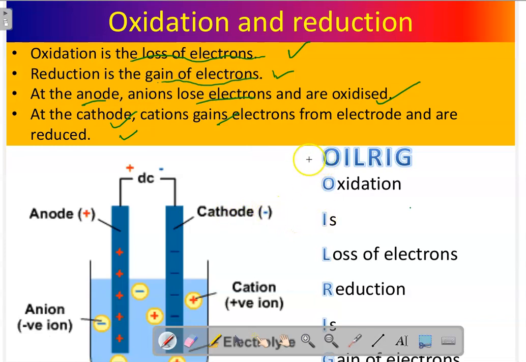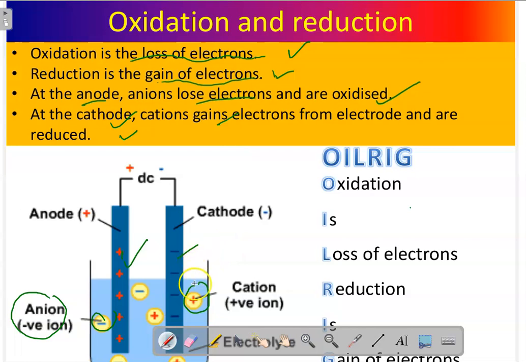We've already established that cations will move to the cathode and anions will move to the anode. Anions are negative ions and therefore will move toward the positive electrode. You can see the negative ion being attracted to the positive electrode here. And over here, we have the cation, the positive ion, being attracted to what? The negative electrode.